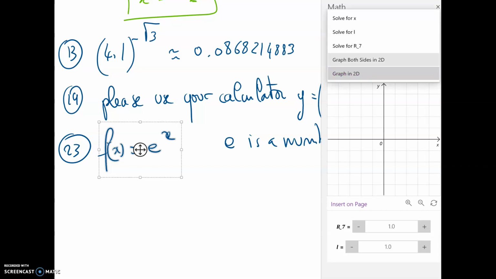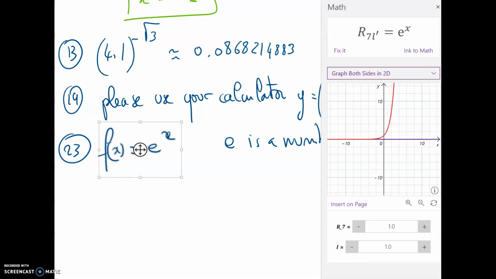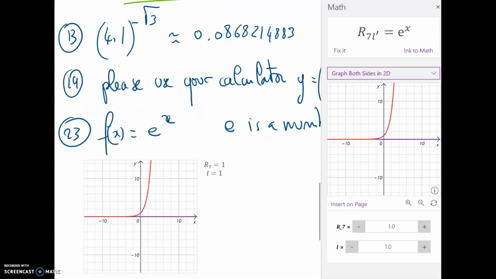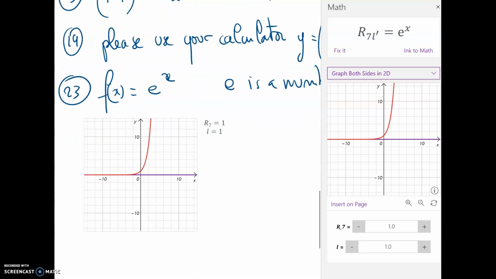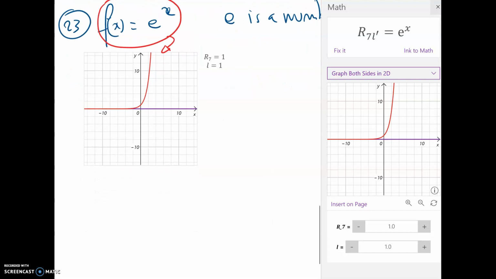Obviously it doesn't work, but if I decide to have this, so that will be in red the expression of f(x) equal e^x. Or maybe I can insert that into the page. There we go. That's what I should have done. I can insert that to the page, and right here in red we have the function. Okay, we'll try to remember that for next time.